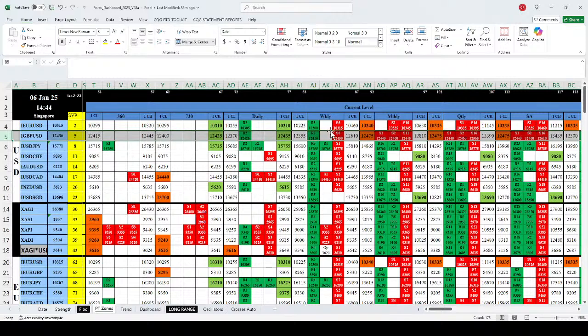So that means we should be expecting the price to turn before our RC2, or SR1, SR2. I'll give you the levels. Then we should be expecting to sell and hold near that level.